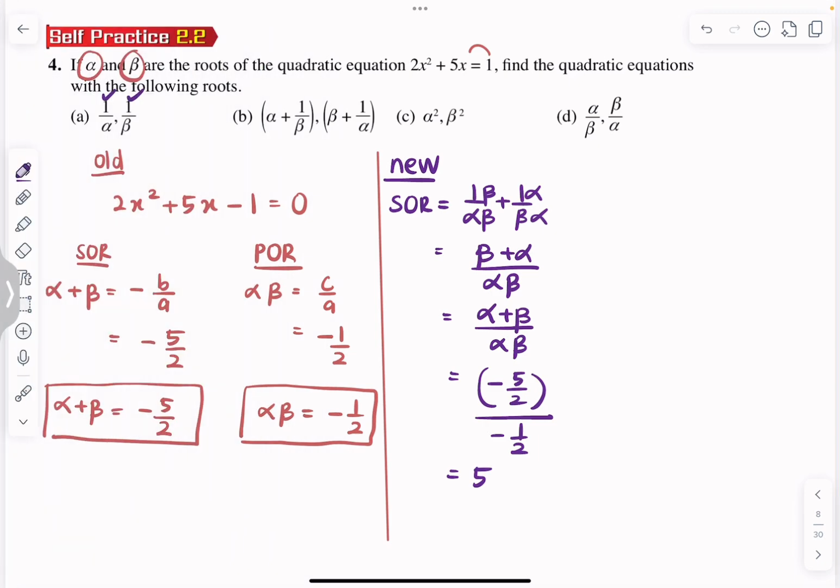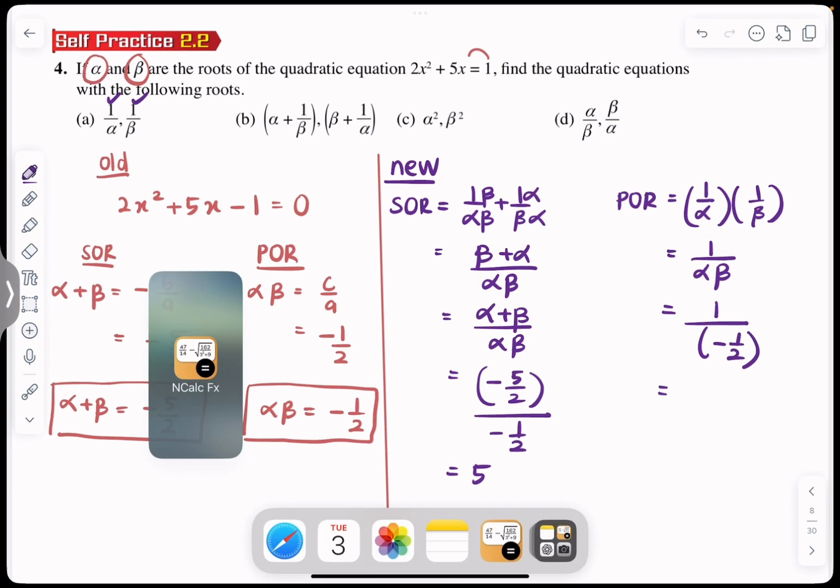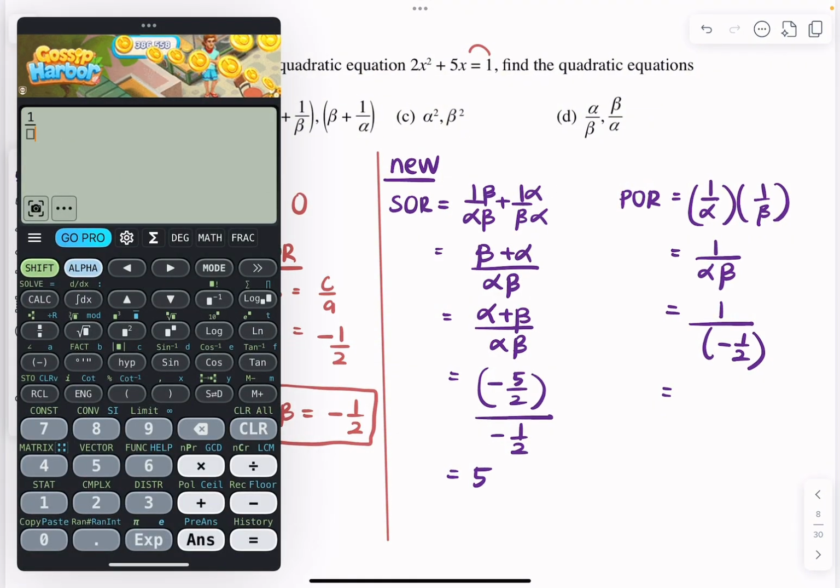Okay, then we look for our new product of roots. Our roots are 1 over alpha and 1 over beta, so the product will be multiplication. We'll get 1 over alpha beta. Alpha beta we already know is this. So 1 over negative 1 over 2. Here we get negative 2.